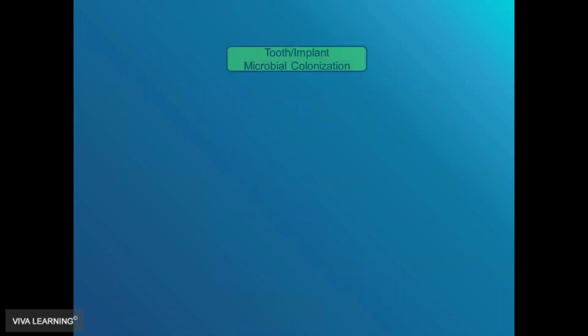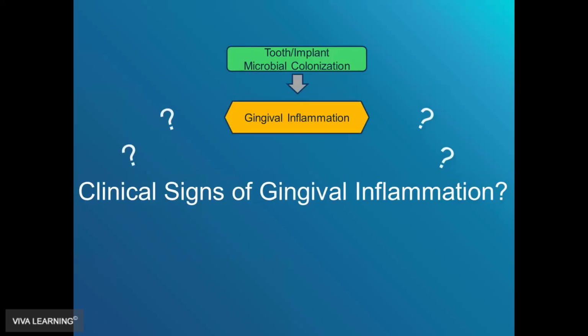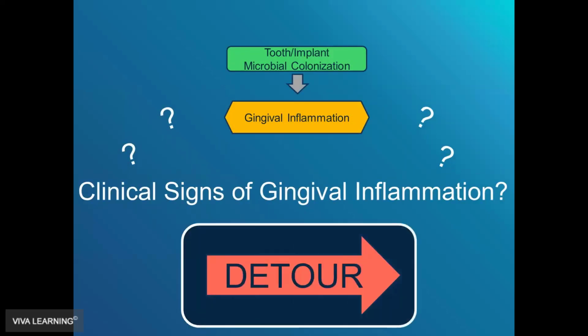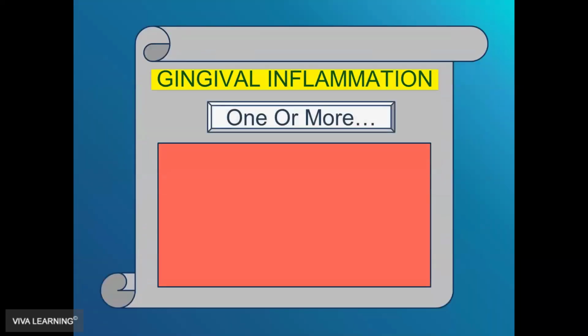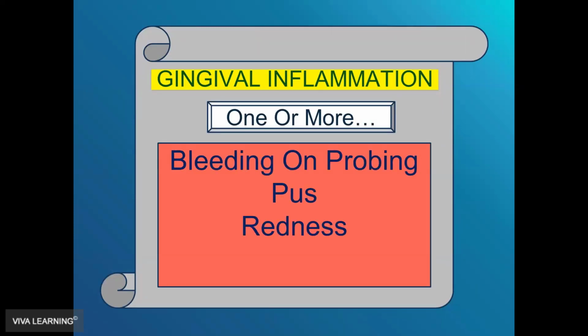As far as the disease process goes, you're very familiar with this. It's microbial colonization of the tooth implant surface that leads to gingival inflammation. And so what are the clinical signs of gingival inflammation? Let's take a little detour here. So gingival inflammation is characterized by one or more of bleeding on probing, pus, redness, and swelling. You know this.